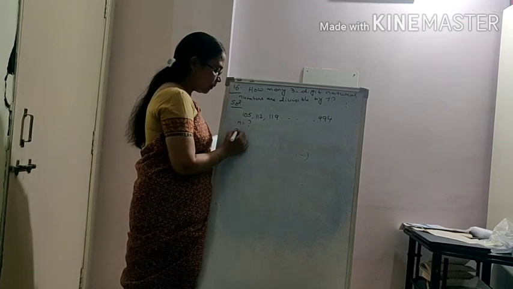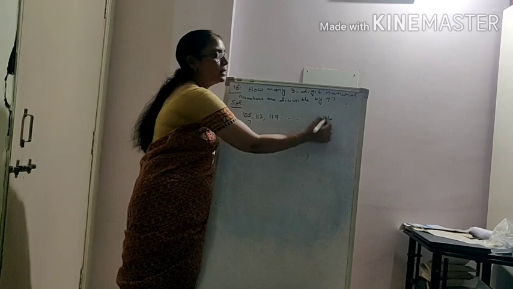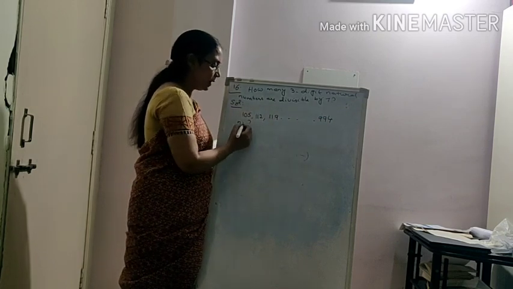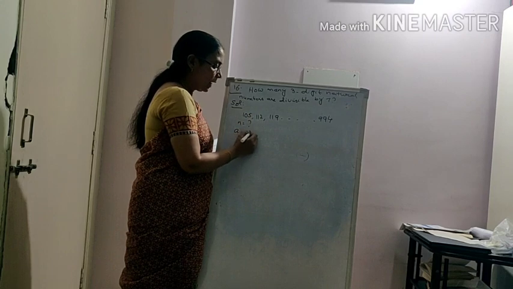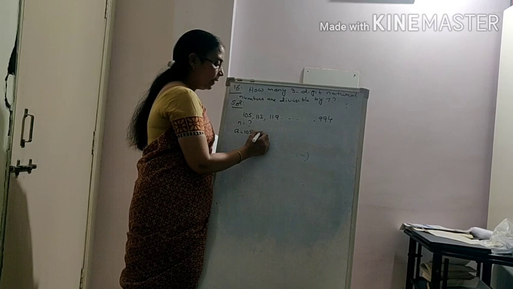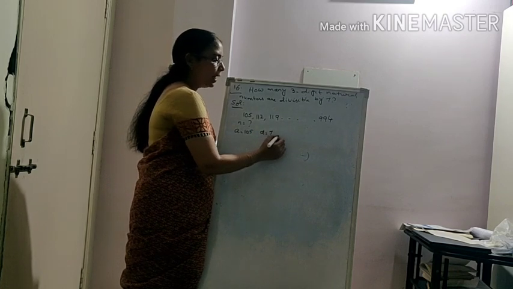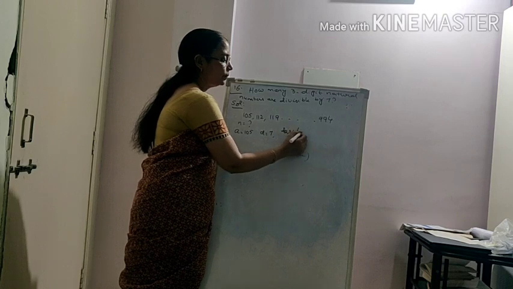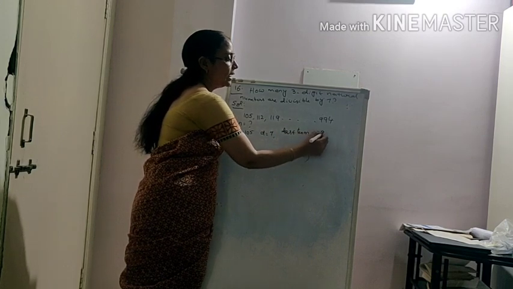Now here, what is the information? We have written all the numbers in the sequence which are divisible by 7, the 3-digit natural numbers. From this we can make out that A is 105, your D is 7 and your last term is 994.